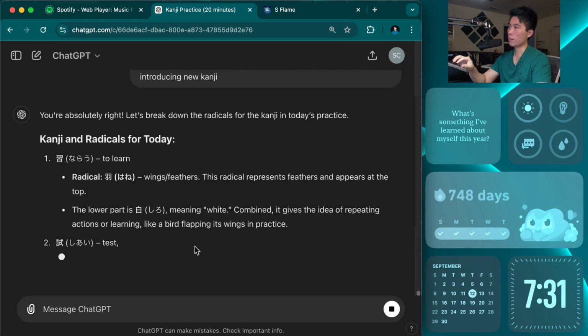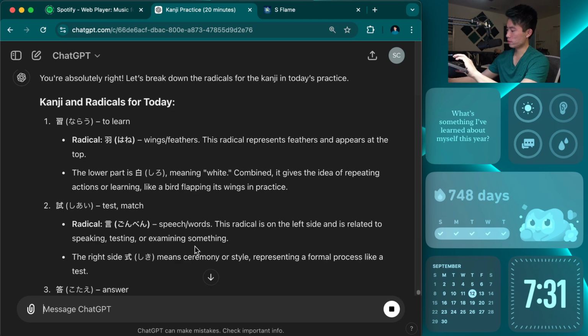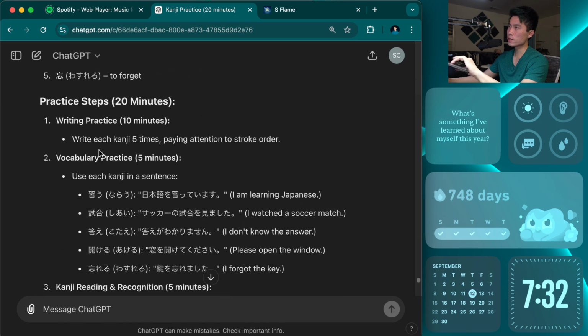All right. So while I write, we can also just review this. There's a radical right here, hane, which means wings and feathers. This does indeed look like wings and feathers. And then the shiro. Is it really shiro at the bottom?